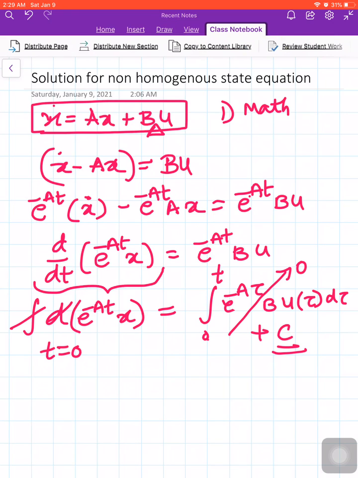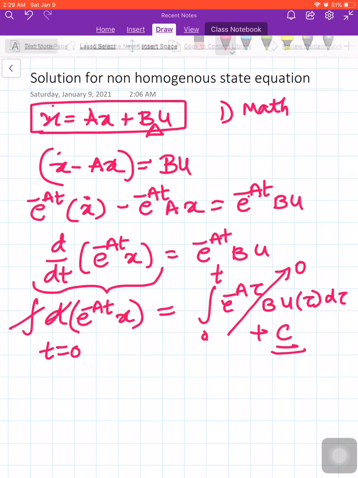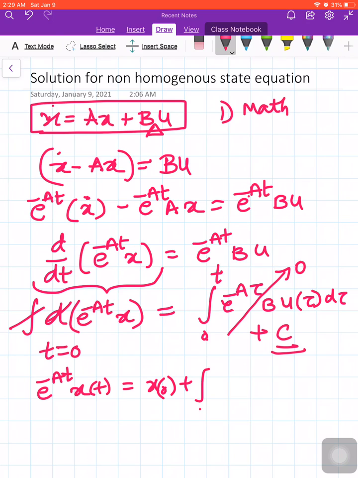So I'll rewrite this equation again as e power minus at into x of t is equal to x of 0 plus the integral 0 to t of e power minus a tau b u of tau d tau.